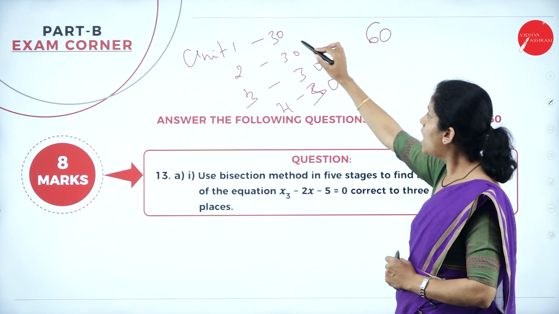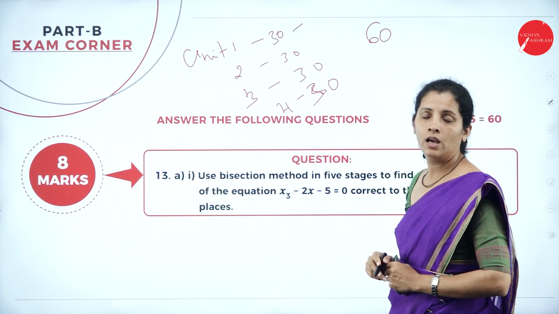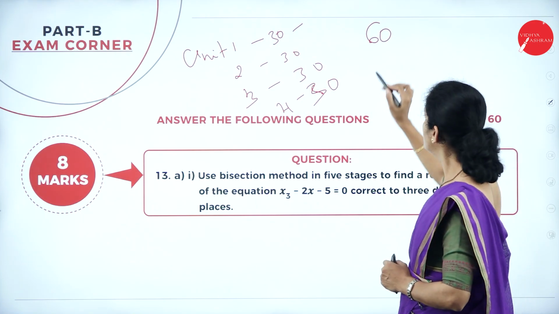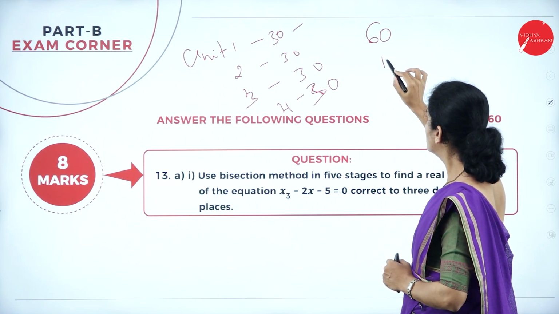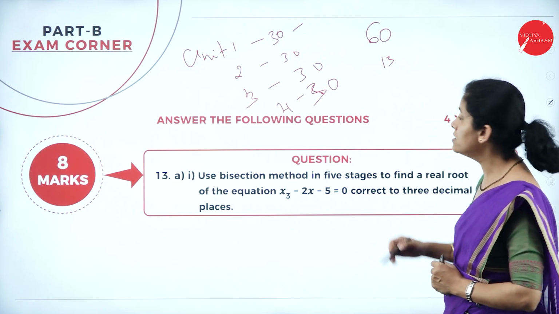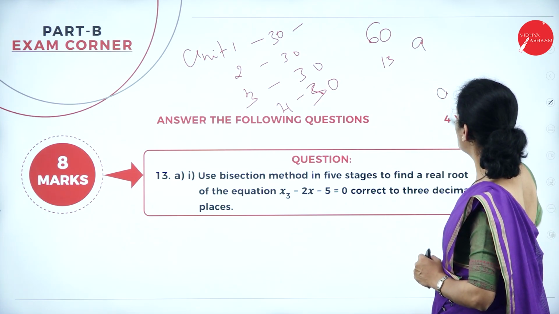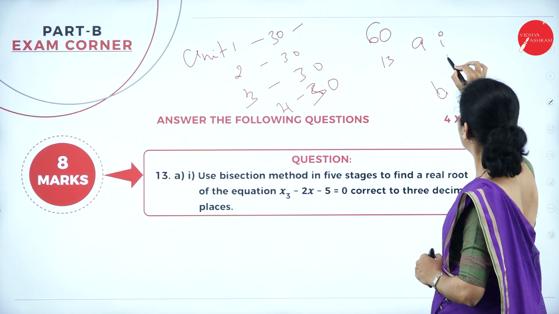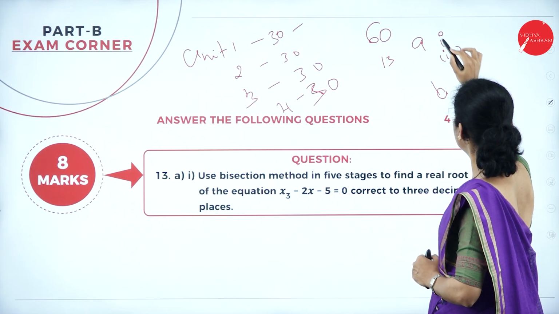But out of 30, I want to answer only 15 marks. So here, unit 1, 13th question, A and B option. Under A, first question, second question.